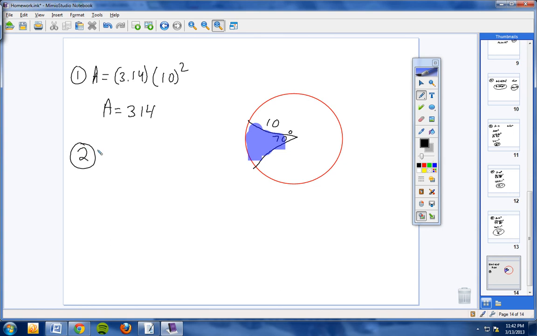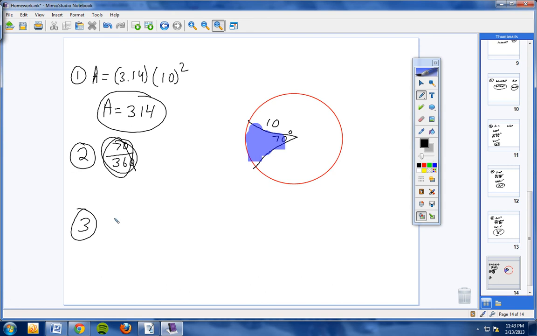Then step 2, I told you to make a fraction of this shaded area. Well, the fraction would be 70 over 360, because 70 is the actual degrees that you have, and a whole complete circle is 360. So if we reduce this, we get 7 over 36. And then for step 3, you simply multiply what you got for step 1 and what you got for step 2.